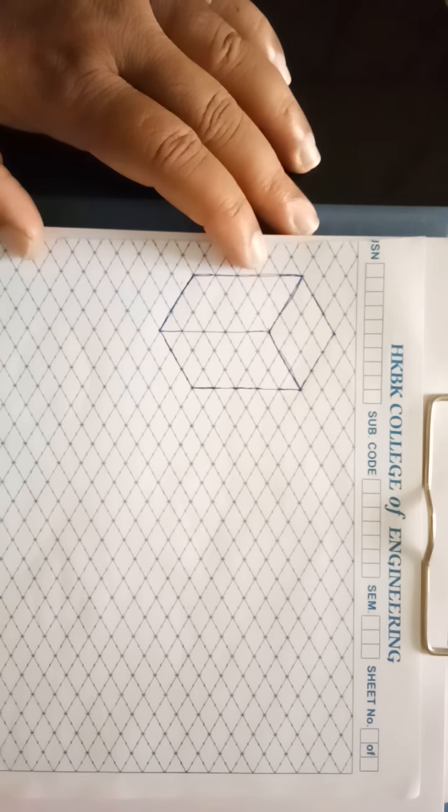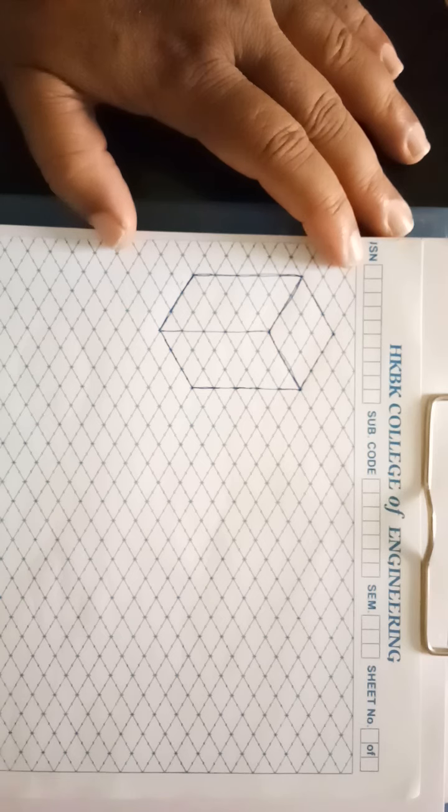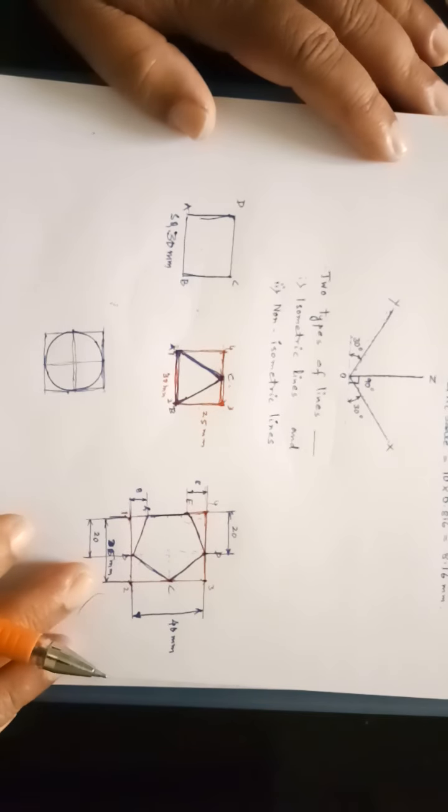Okay, now suppose you want to draw a pentagonal prism in isometric. For that, as I said, first you have to draw the pentagon in orthographic projection. Suppose the side of the base of the pentagonal prism is 30 mm and height 50 mm.